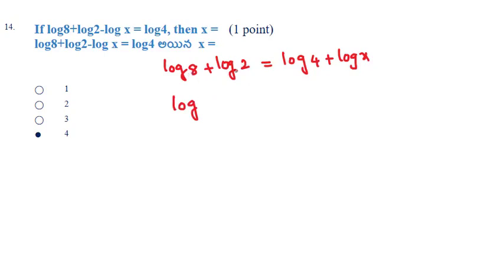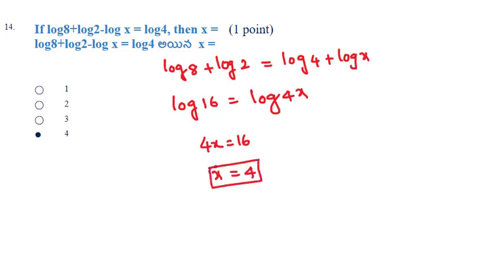So log 8 into 2 equals log 16. Here is also log 4 into x, so 4x. If we remove the log on both sides, 4x equals 16, and now x equals 16 by 4, that equals 4. So 4 is the correct answer.